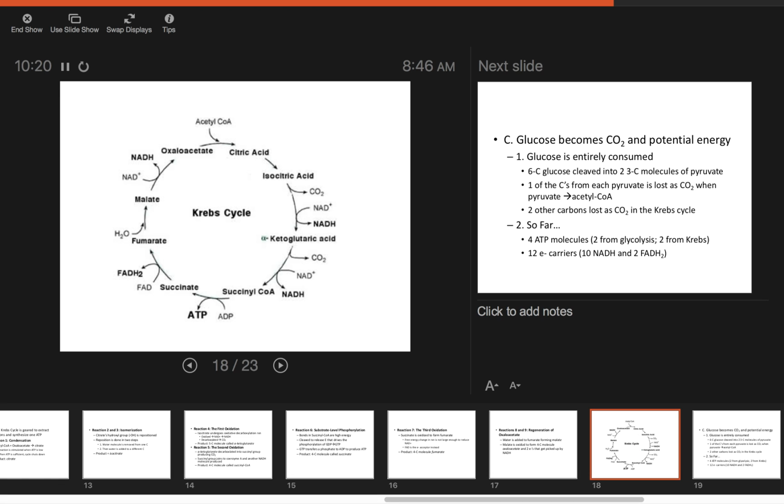So we go from 6 carbon to 5 carbon, goes through another cleaving of carbons to turn into succinyl-CoA. This is where we get our first energy molecule, ADP to ATP, so substrate phosphorylation, turns into succinate. More energy carrier, fumarate, malate with some water, and then another energy carrier. So this all stays 4C.